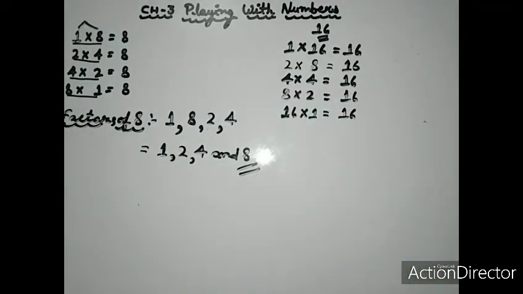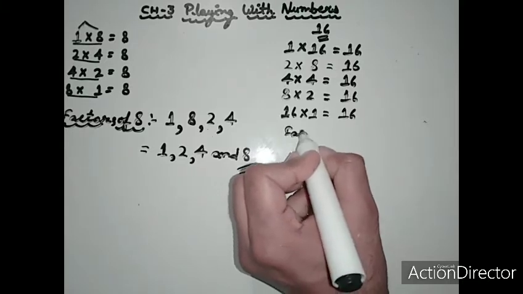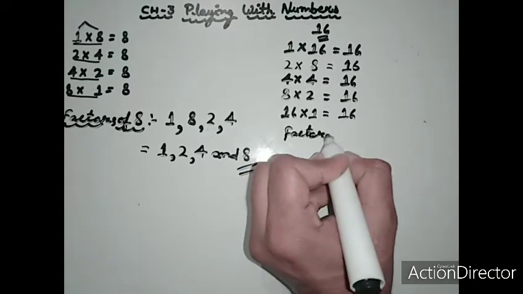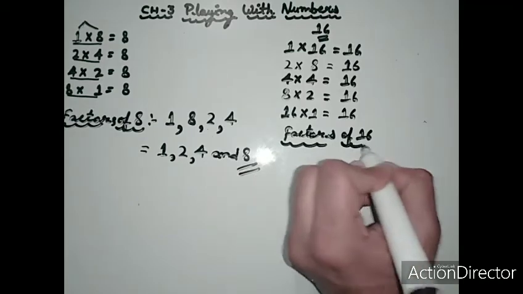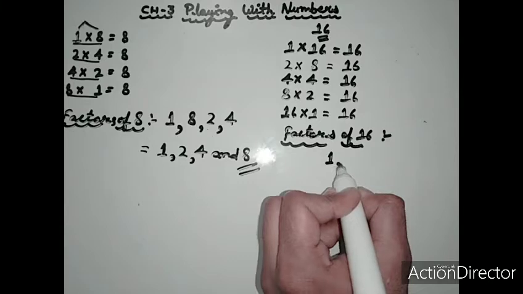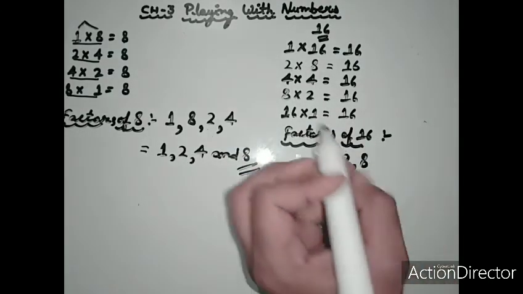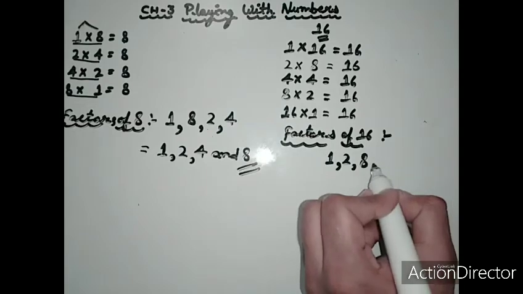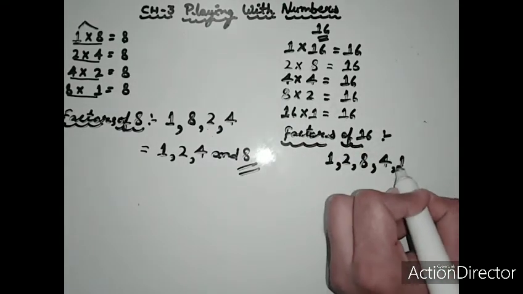Okay, now we write the factors of 16 here. Factors of 16. So here we write first 1, comma, 2, comma, 8, comma, 4 and 16.